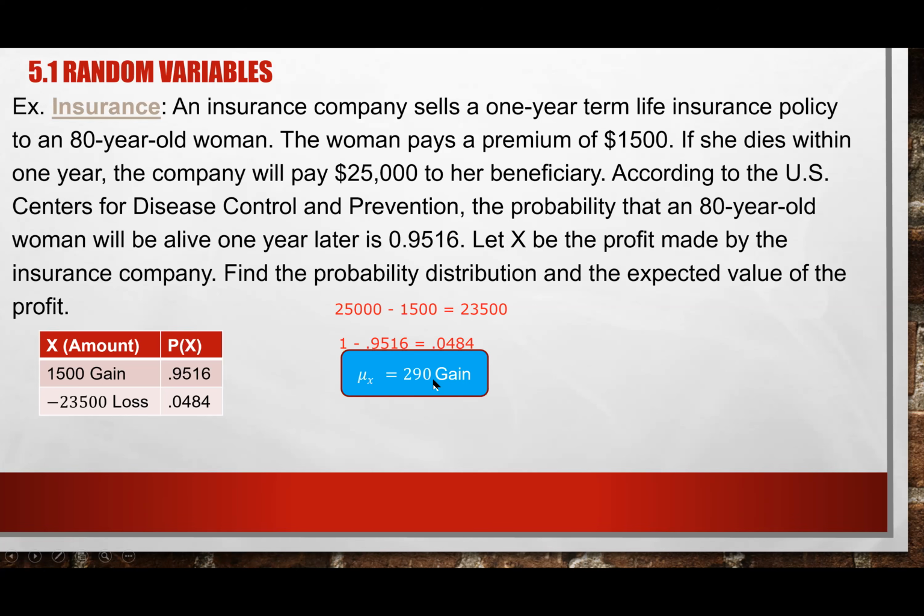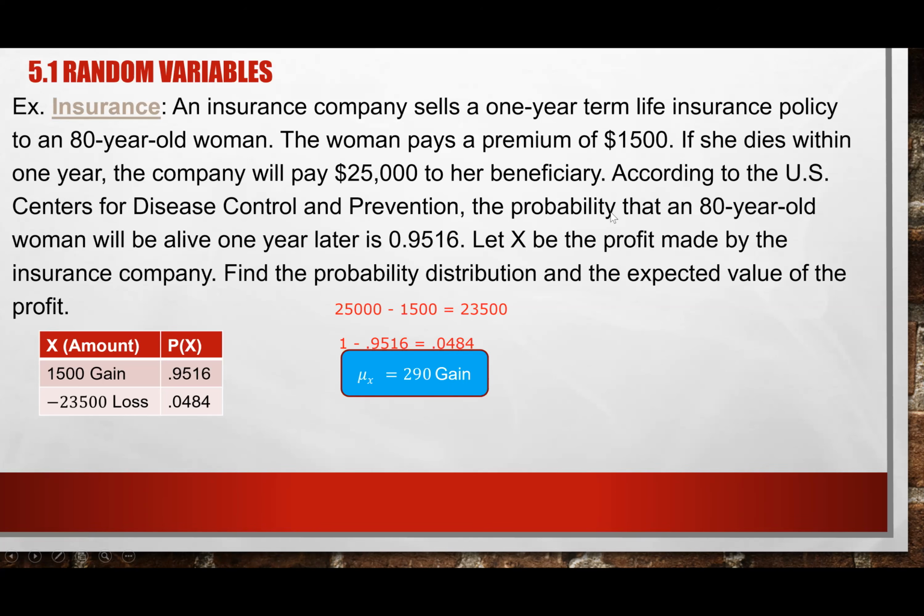So think about this. Let's say this company sells 100 policies to 80 years old women, and each pays this much to the company.